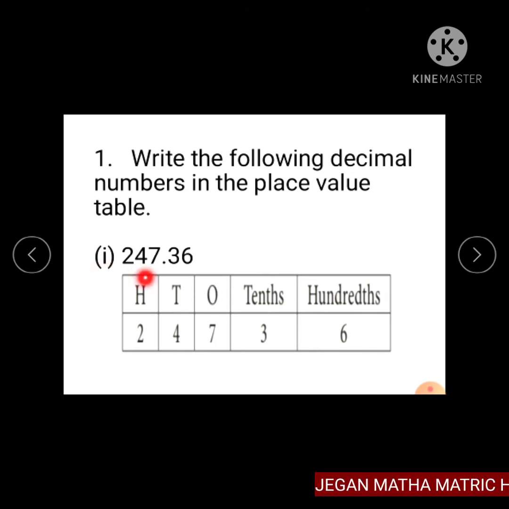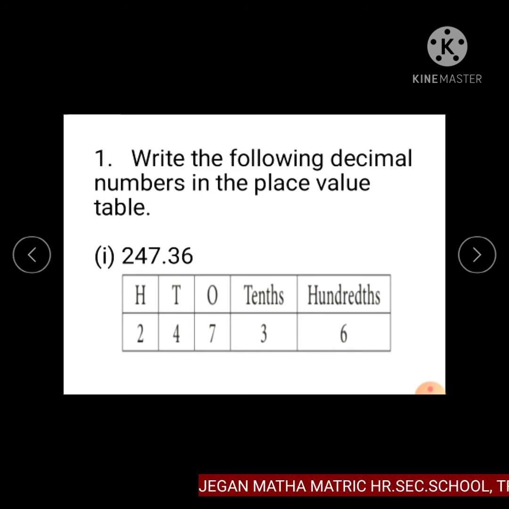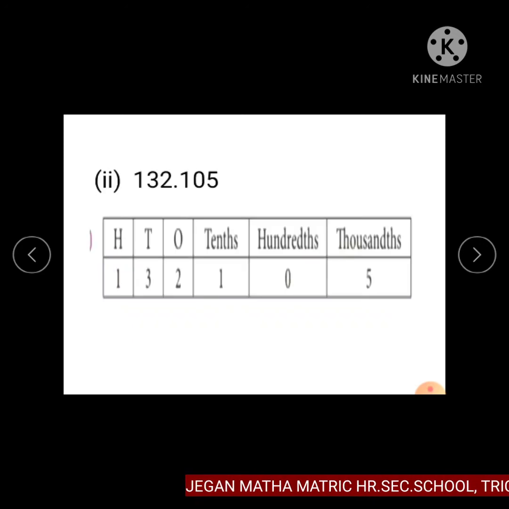Subdivision 1. The given decimal number is 247.36. 2 hundreds, 4 tens, 7 ones, 3 tenths equal to 3 by 10, 6 hundredths, 6 by 100. Subdivision 2.